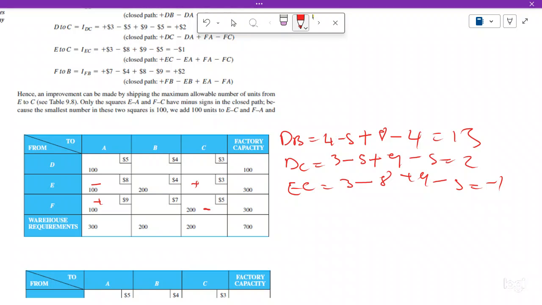If I am to take, let's say, this 100 here, you see this 100, and put it this side, then here I need a 100.